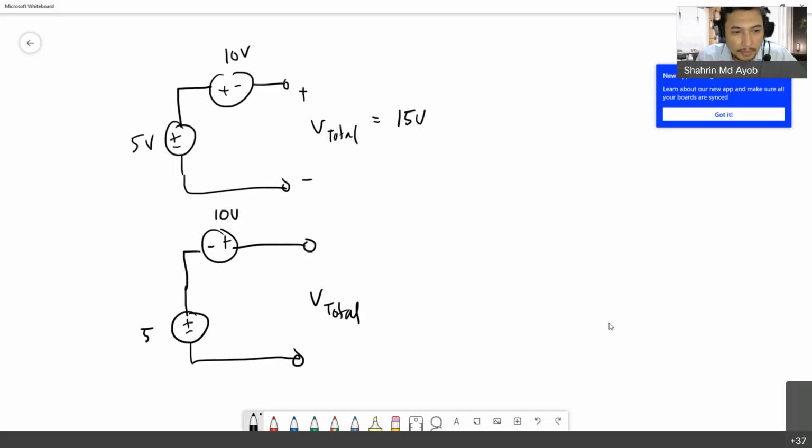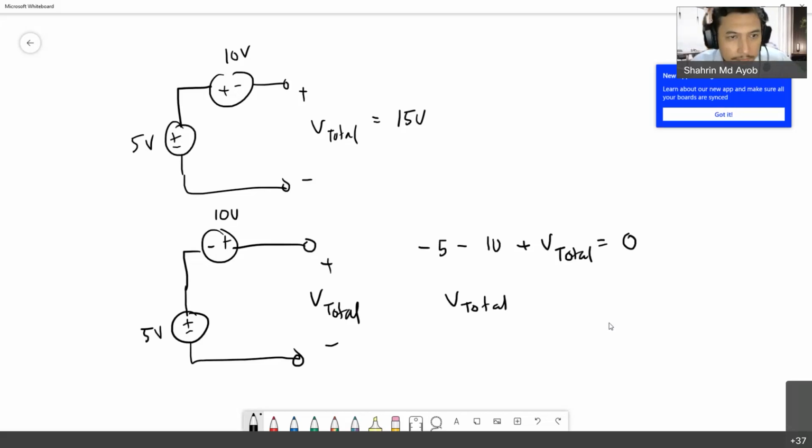What you need to do is use KVL. Sorry, this one is not negative 15. This one is negative, this one positive.